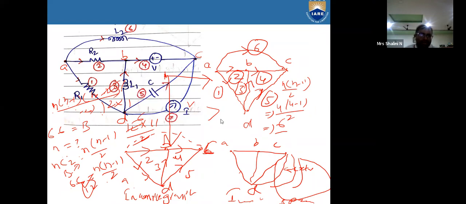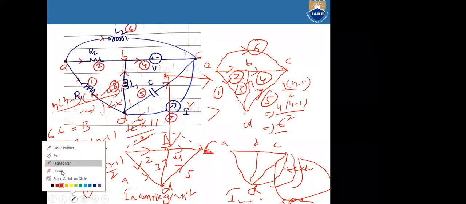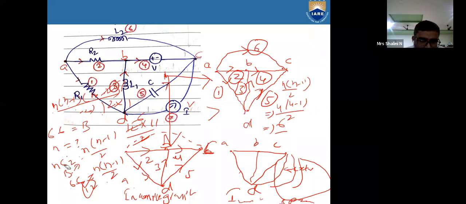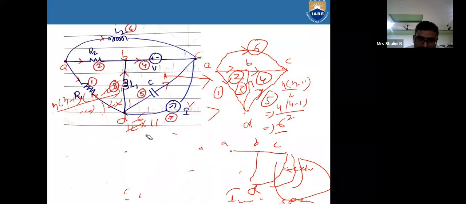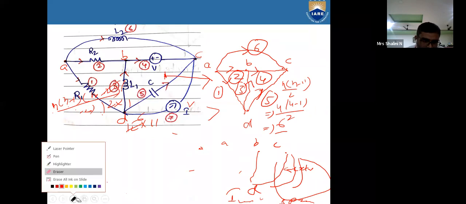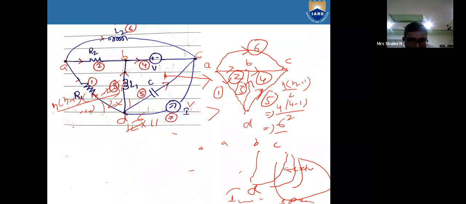Next is the unconnected graph. In the given graph, I am mentioning A, B, D only.